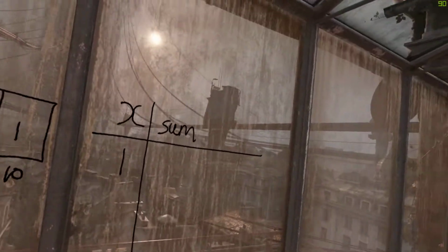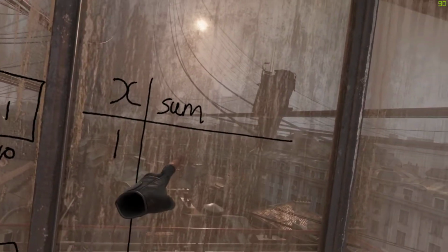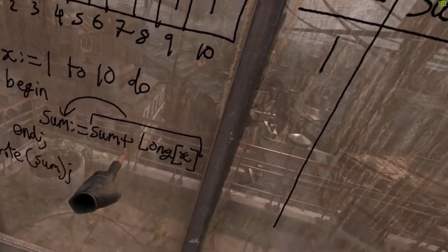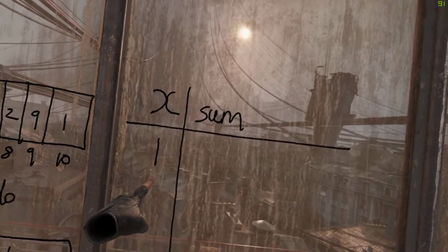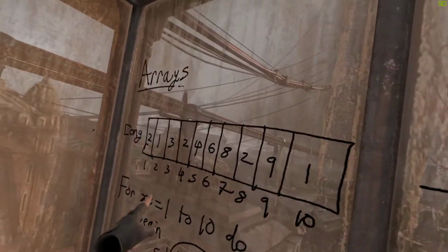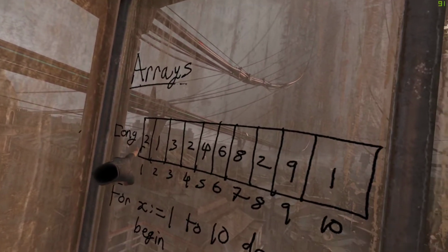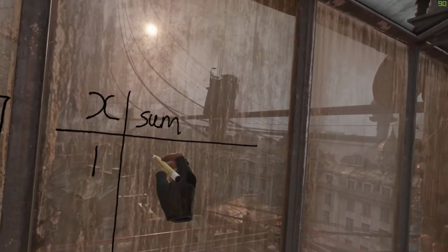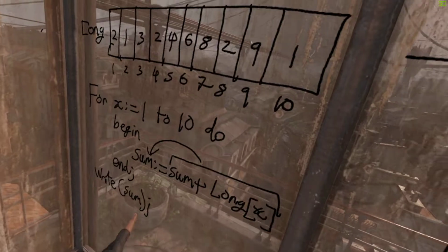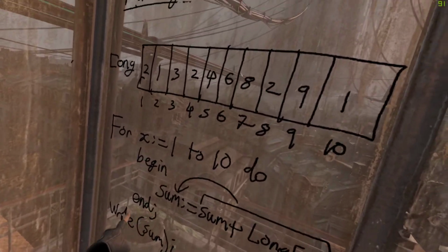So sum right now is nothing. So nothing plus long[x]. X is 1, so long[x] is 2. So 2 plus nothing is 2, and we'll store that back in sum. Good? Now we don't end, we go back up. It's a for loop.